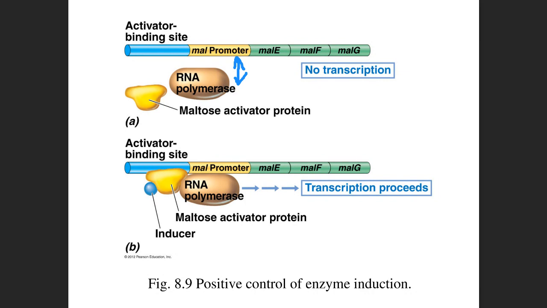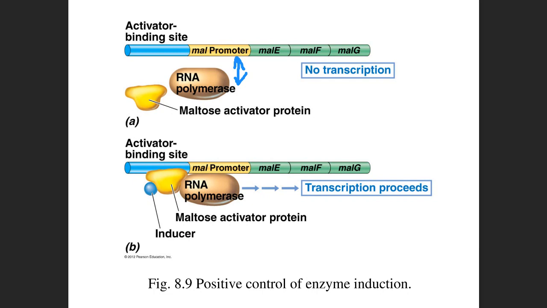And there is a maltose activator protein. That maltose activator protein requires an inducer. Then the maltose activator protein will bind to the binding site just upstream of the promoter and then start the transcription.